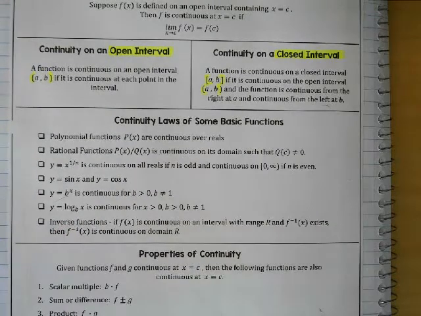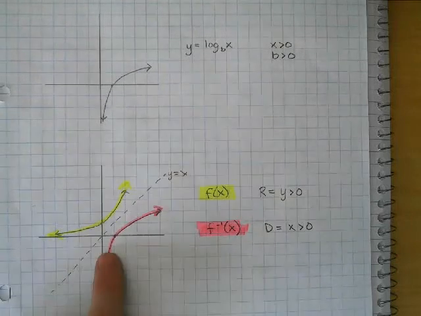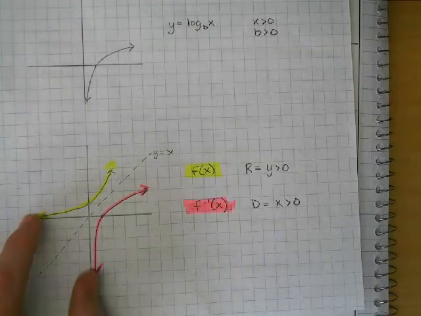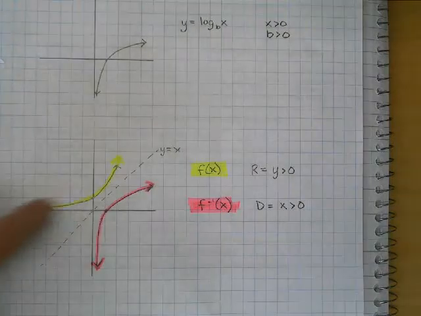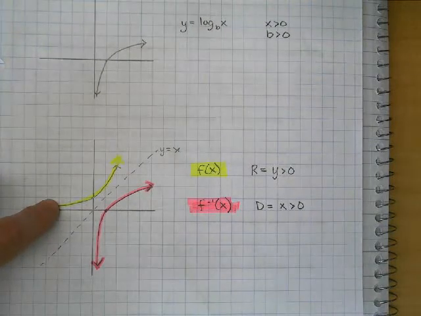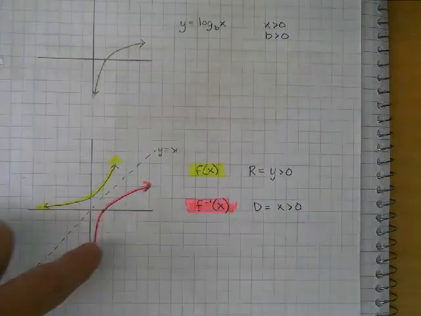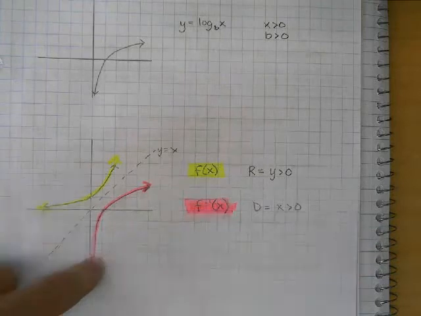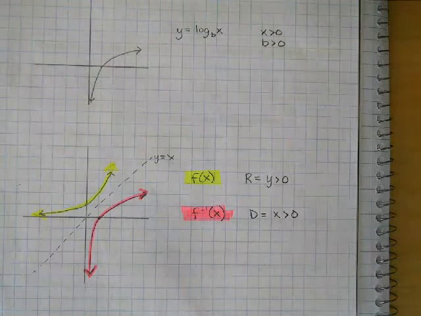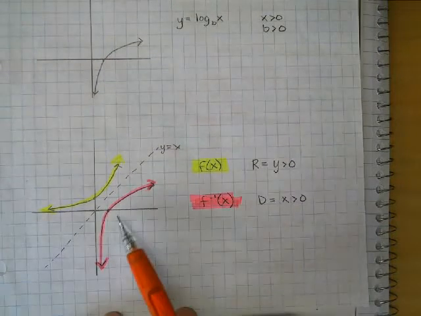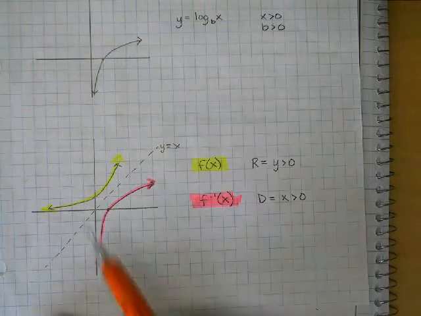Okay, and then inverse functions. So they're telling you, okay, say that you have some inverse functions. And remember from pre-calc and math 3 that we said, oh, okay, well, the domain of this function is the range of this function. The range of this function is the domain of this function. So this is good to know, because sometimes inverses are really hard to find, or maybe not hard to find, the domain and range is hard to find.